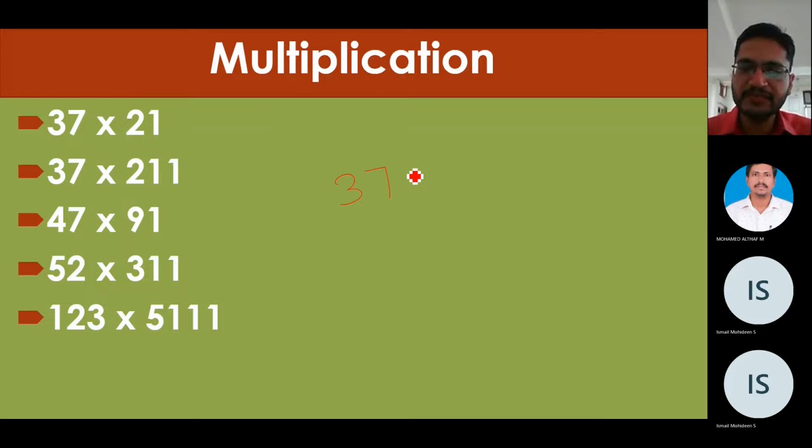Now next example. If we are to multiply 37 with 31, so 1 0 in the last, 1 0 in the first. Again I will make pairs of 2 numbers, 70, 37, 03. Because here I am multiplying with 31, I will multiply this number with 0 and this number with 3 and add the next number.